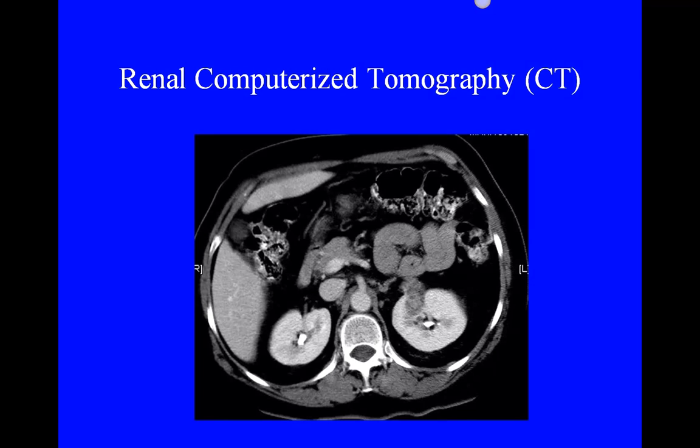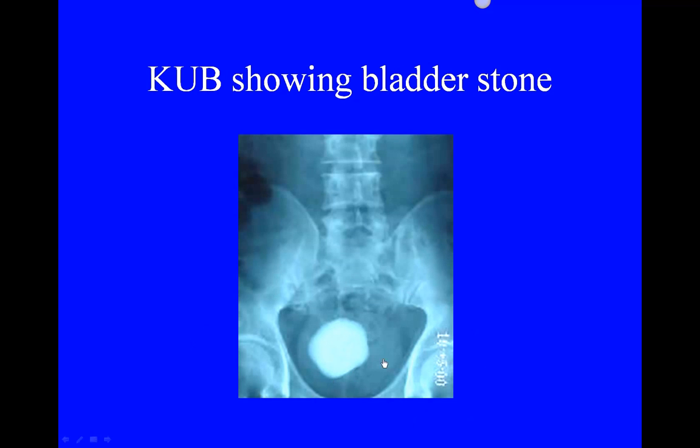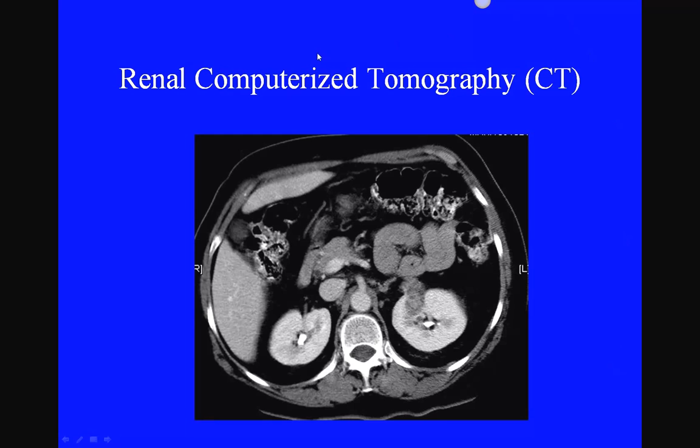How else could we see organs that are soft then? If we can't see soft tissue on an x-ray, other than just the outlines of them, what if we did a computerized tomography, CT?